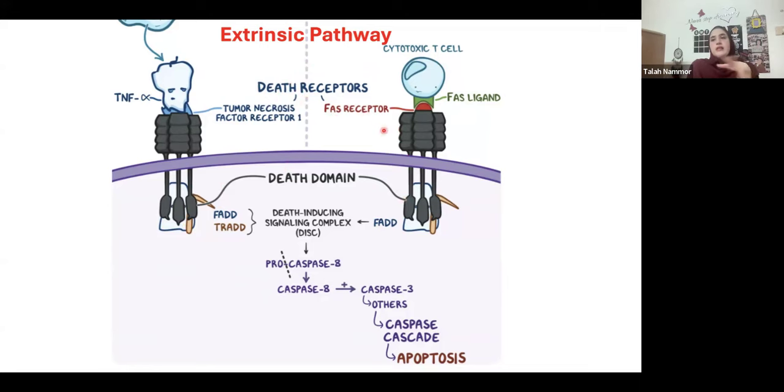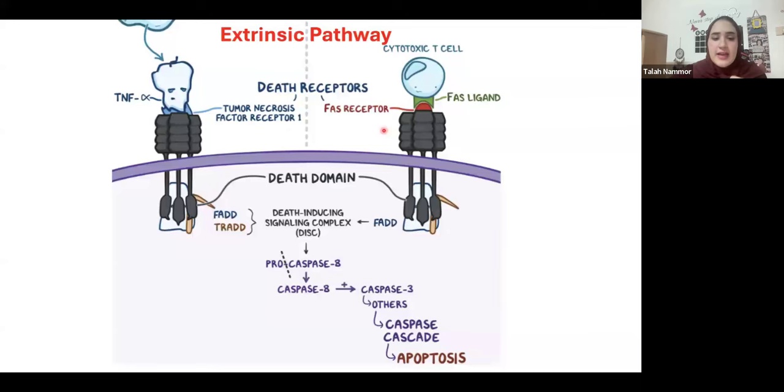So basically, we have programmed cell death. You know how they say death is part of life. So for the cell, death is part of life. They have specific ways to die. One of them is expressing death receptors for the extrinsic pathway to happen in case of apoptosis. One of these receptors is the Fas receptor.